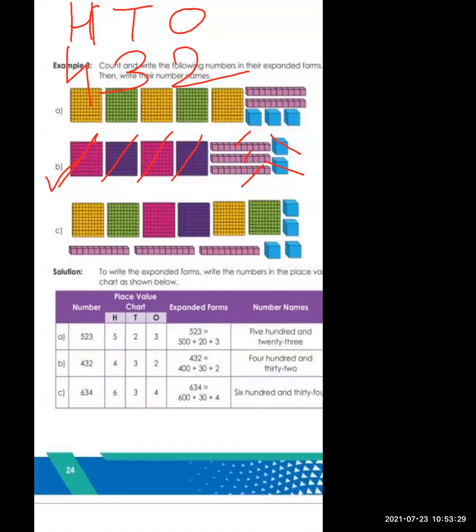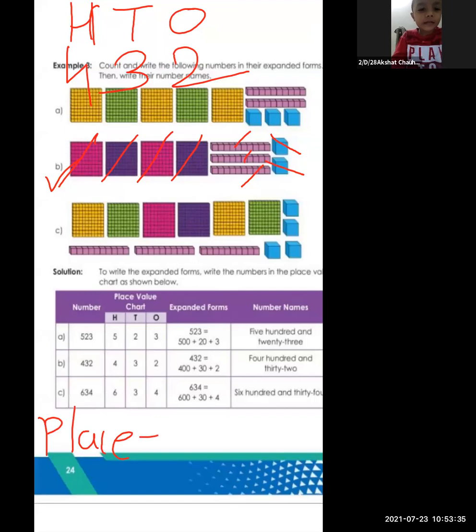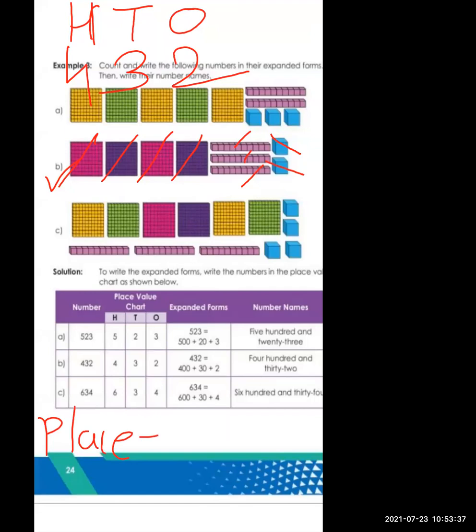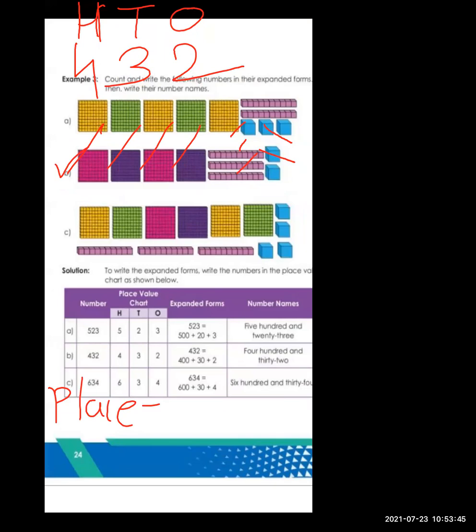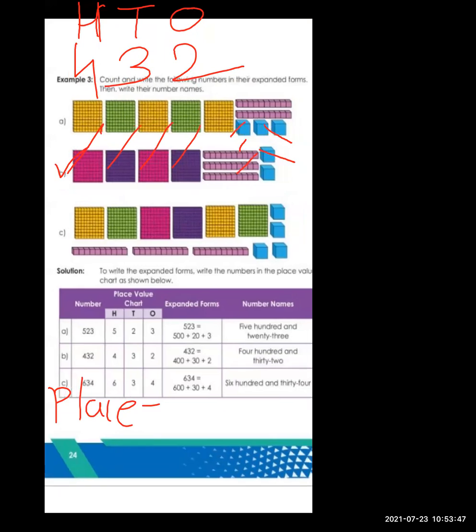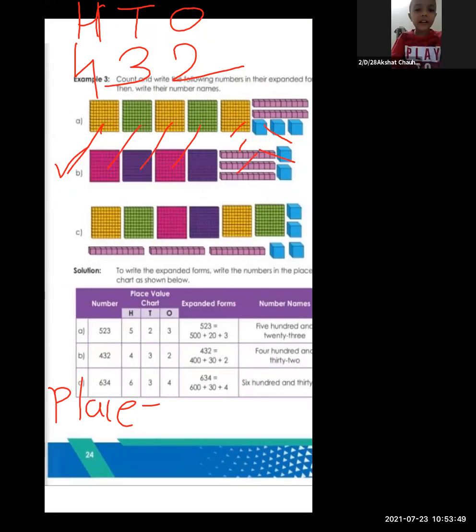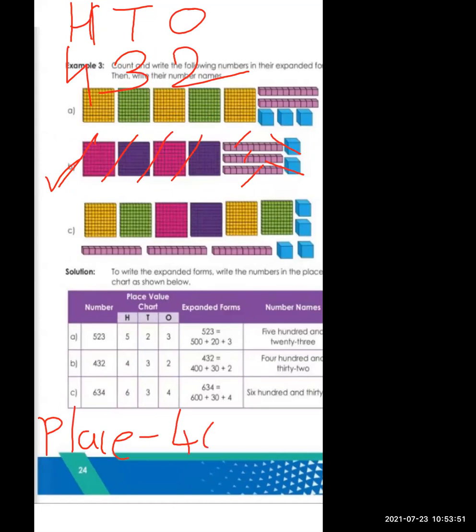So do you know the place value of this number? मुझे place बताना है. कौन से number का क्या place है? Okay, what is the place value of the 4? 4 का place क्या है? 100. Yes. So how can we write here? 400. Right over here, 400. 4 का place है 400.